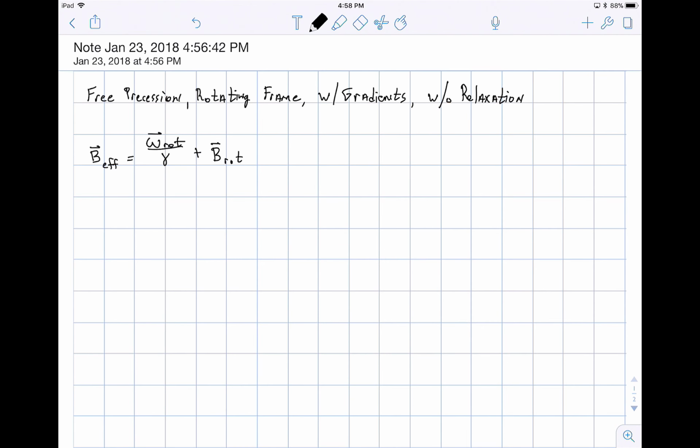We know what our omega rotating is. It's always basically the same for the systems we care about. We're demodulating the effects of that B0 field. So on top here, we just have minus gamma B0 in the k hat prime direction because we're in the rotating frame, and then that's divided by gamma.